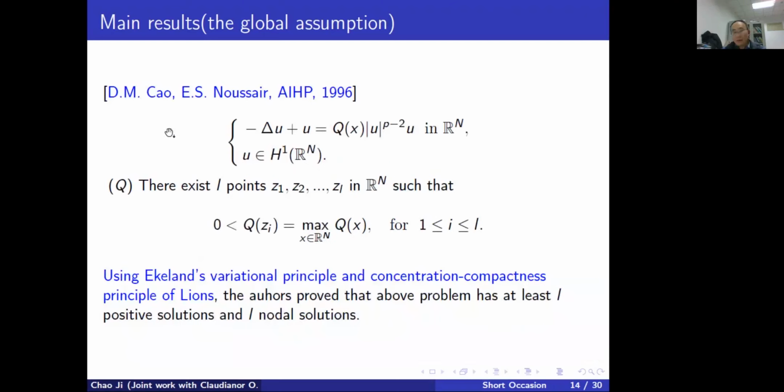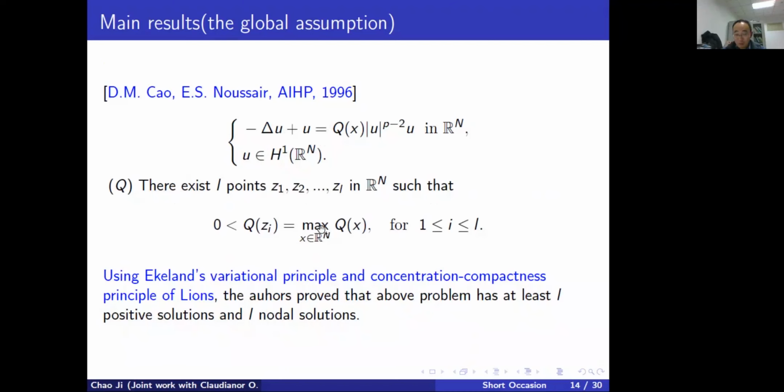Our result is motivated by this paper with Chao Ji. Here they assumed that there exist L points Z1, Z2 up to ZL in Rn such that this holds.